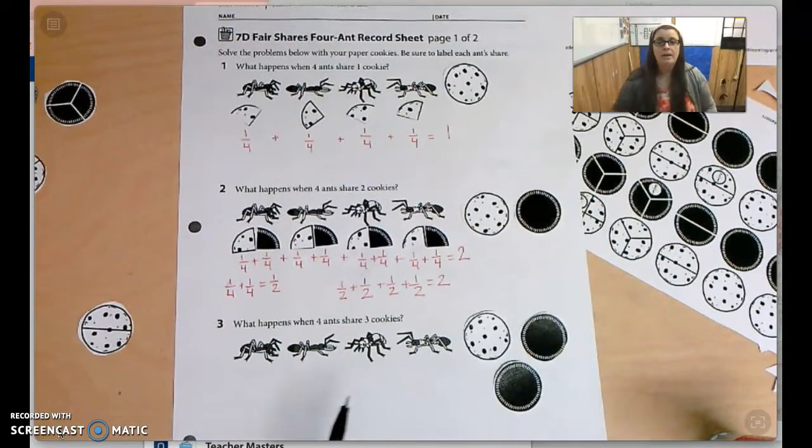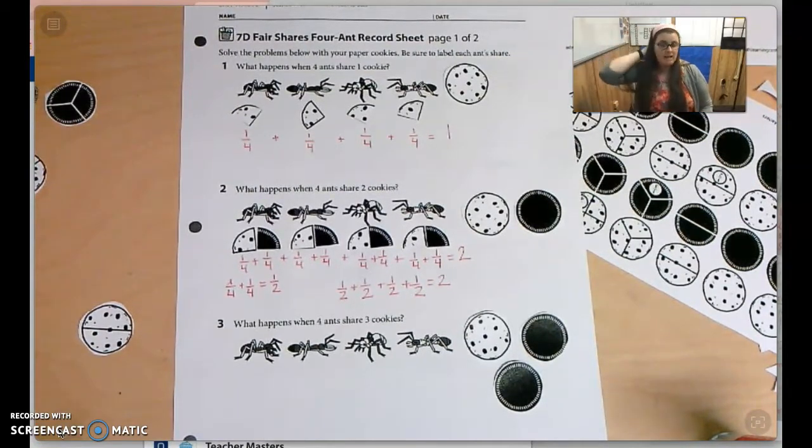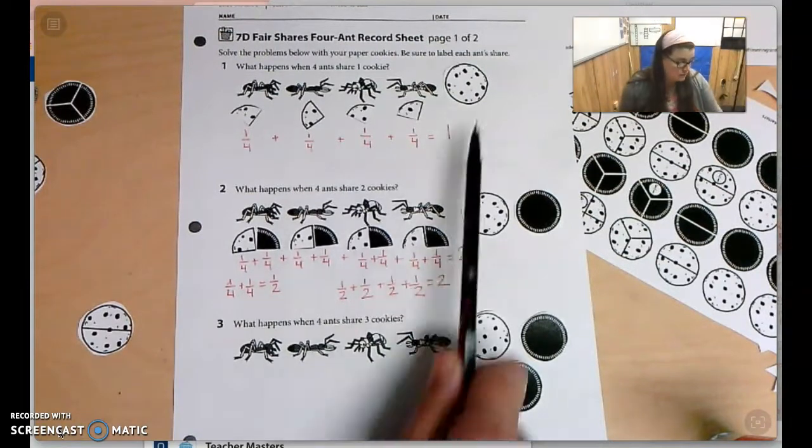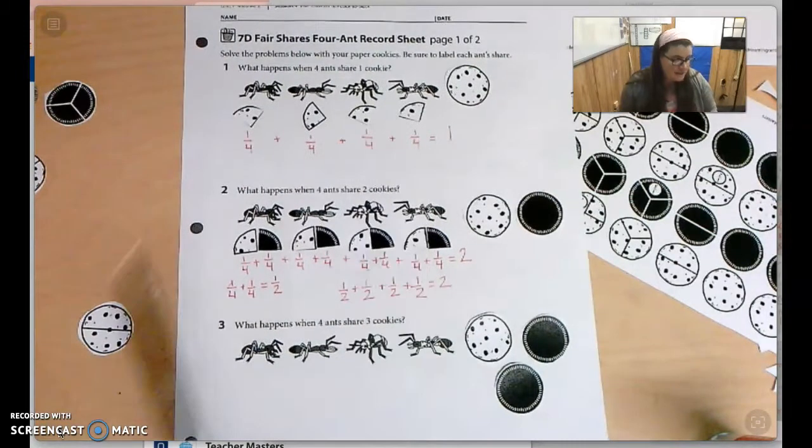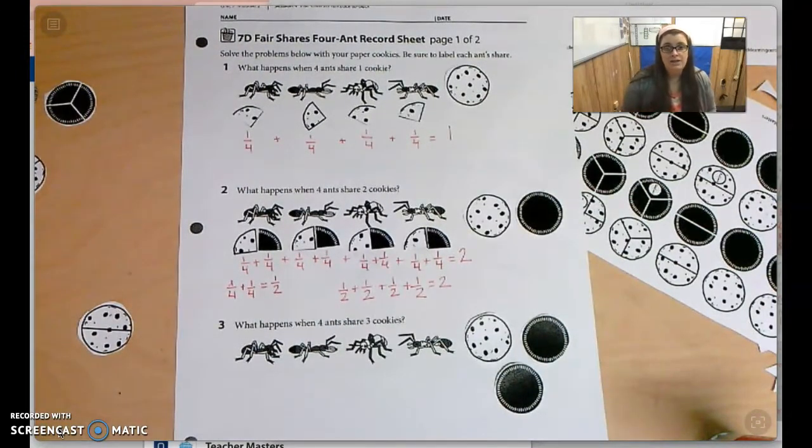All right, so once you're done playing this game, remember all you need to do is have your cookie glued and your pieces, and then name the pieces. If you want to create the equation, that's like a higher level of thinking. So you can create the equation, or you don't have to. That can get a little tricky.